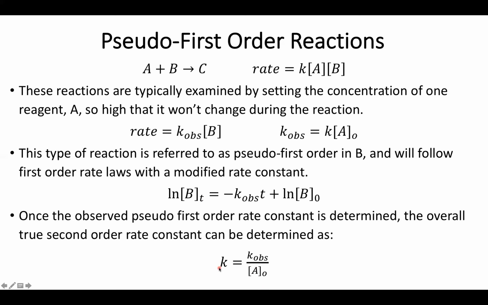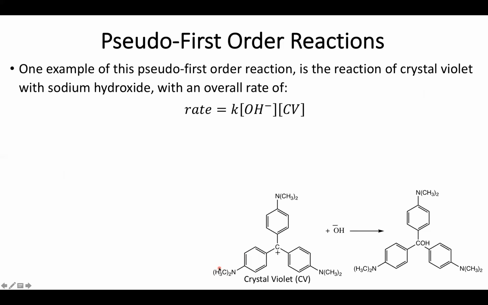So let's go ahead and try and find a real application of this sort of reaction. And it turns out we've done one of these in lab. So it turns out crystal violet is a nice, beautiful violet color that essentially goes to clear when you add sodium hydroxide. And this has an overall rate of reaction that is the rate constant times the concentration of OH times the concentration of crystal violet.